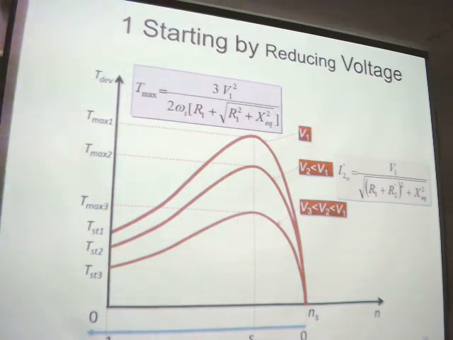So we can conclude that this method's advantage is that the current is reduced. The low voltage gives the low current. This is good because we have low starting current.